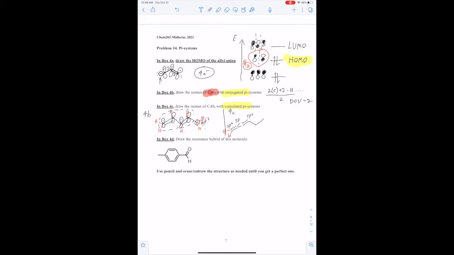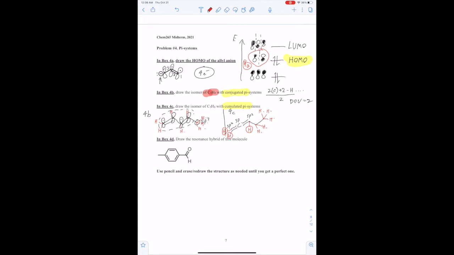All right, let's go back to red. So this one, since it has 3 bonds, will have 1. This one will have 2. This one gets 3. So that's 1, 2, 3, 4, 5, 6, 7, 8. That works out perfectly.